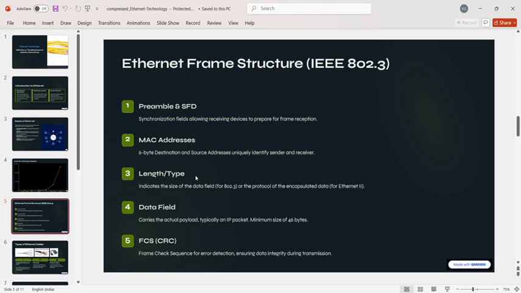Then the data field, it actually carries the original data as it is, and the minimum size is 46 bytes, maximum size 1500. Typically it carries a higher layer packet, the actual data.